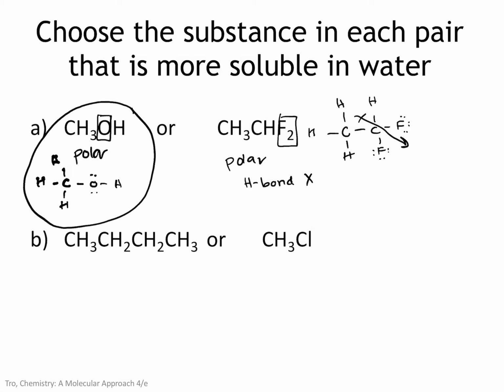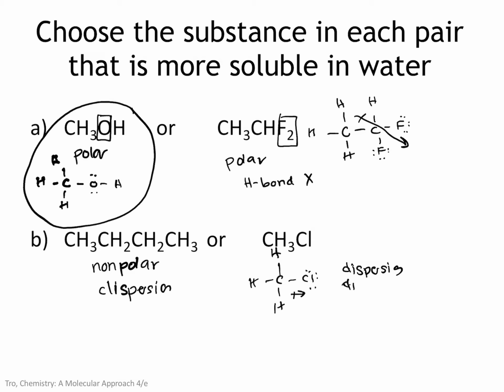Now, next one. Since we only have carbon and hydrogens here, we know this is non-polar and we only have dispersion forces. Then we have CH3Cl. Now this has a dipole going towards chlorine, so we have dispersion and dipole-dipole, not hydrogen bonds.